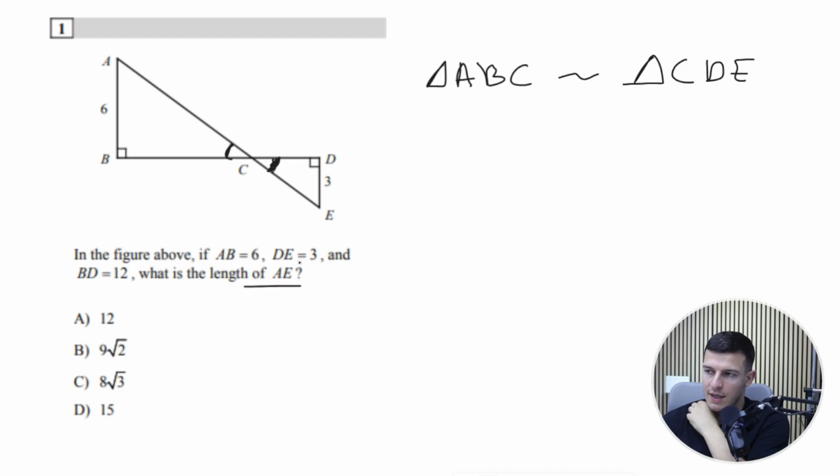What is the length of AE? Now, to find AE, we don't really have enough information just yet, but we can get there. Based on the proportion rules that we just looked at, AB divided by DE has to be equal to what?